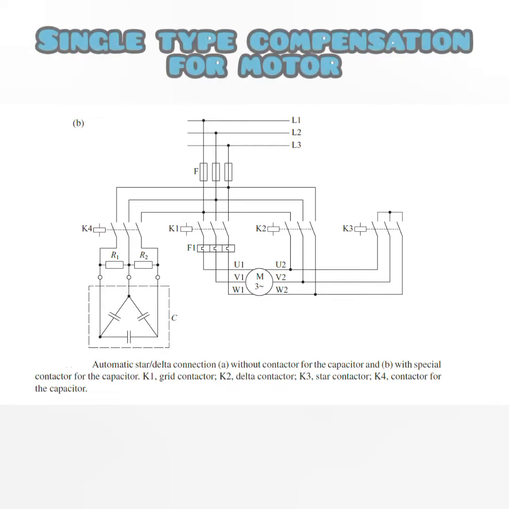Here we have special contactors for the capacitors. We have K1 for the grid contactor, K2 for the delta contactor, K3 for the star contactor, and K4 contactor for the capacitors. So we have four contactors. Each contactor will pick up and function according to the level needed for operation.